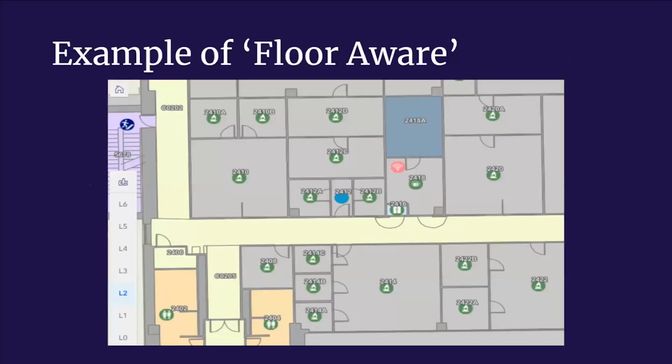For instance, this is an example of that. We're on the second floor of this building here. That's a six level structure, but we're only displaying the rooms that are on the second floor instead of having to peer through all 6 levels simultaneously. So floor aware is very useful as far as sorting and displaying information.